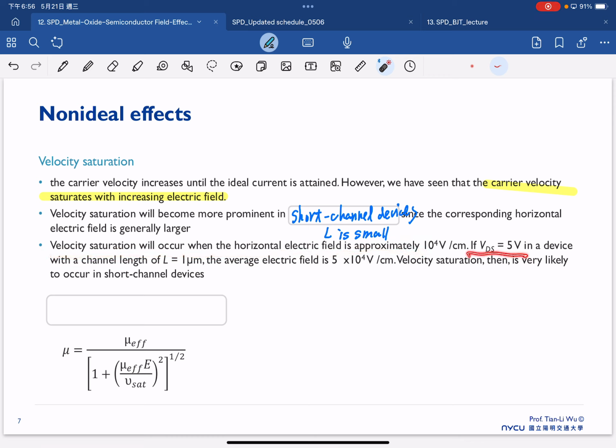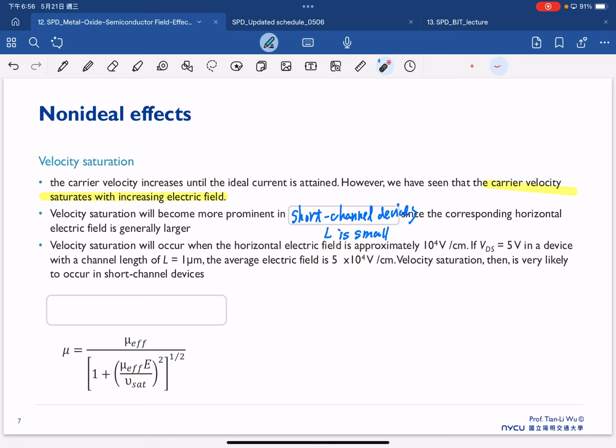So if VDS is 5 volt in a device with a channel length of 1 micrometer, the average electric field is 5 times 10^4 volt per centimeter. So velocity saturation is very likely to occur in a short channel device. If we make a device with 0.5 micrometer instead of 1 micrometer, this electric field will increase even more.